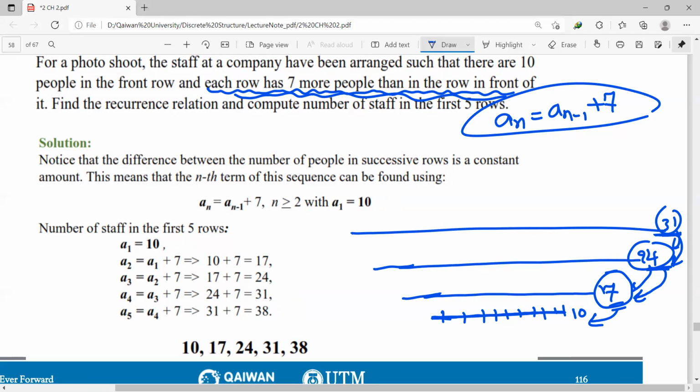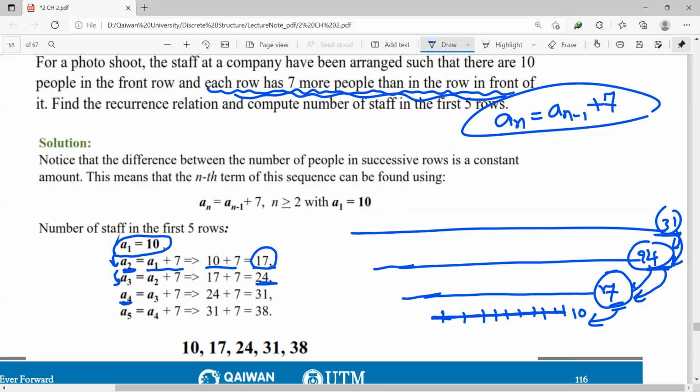5 rows. A1 is given, which is 10. For the second one, A2 is A1 plus 7, which is 10 plus 7, 17. For A3 is A2 plus 7. A2 is 17, plus 7 is 24.